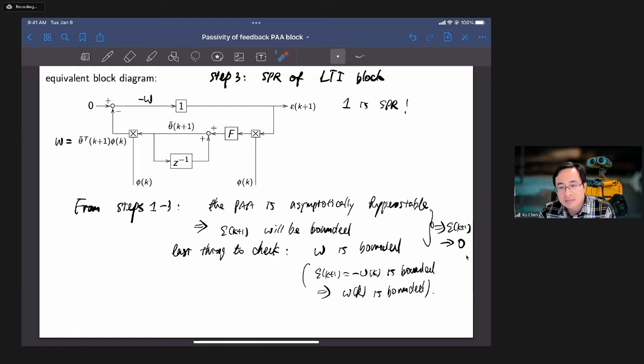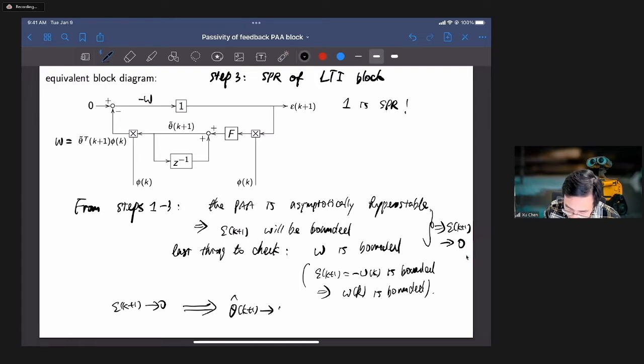Now, you may still see something that's not clear at this stage. We have shown that this goes to 0, but can we immediately say that the parameter estimate will go to the true value?